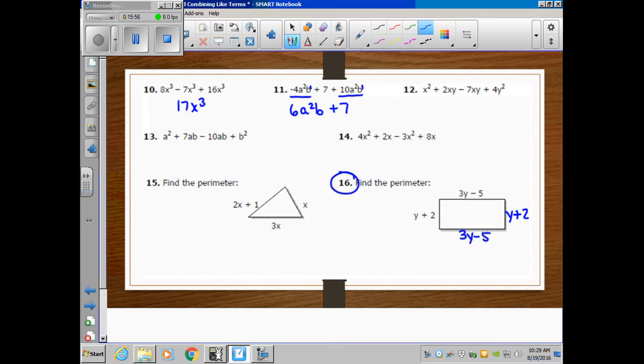We add up all of the y's together: 3 plus 1 is 4, plus 3 is 7, plus 1 is 8y. Then you add all the constant terms together. Negative 5 plus 2 is negative 3. Negative 3 minus 5 is a negative 8. Plus 2 is a negative 6. And that is your final combined expression.